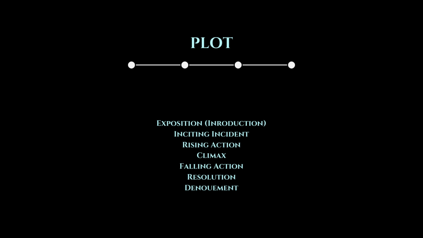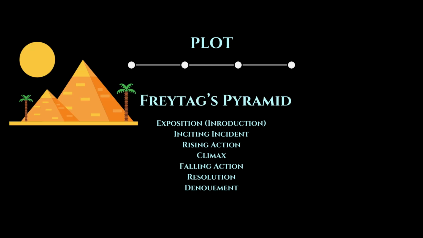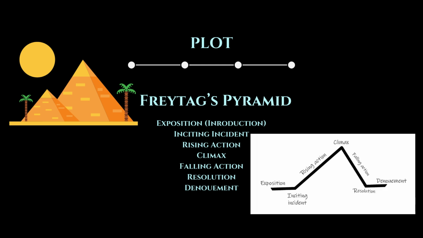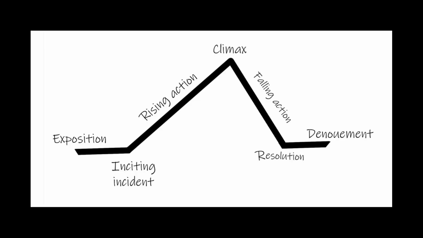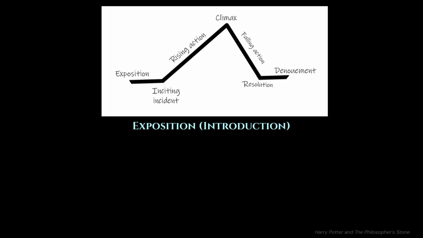For those who love difficult words and names, those steps are called a Freytag's pyramid. It's not this kind of pyramid, but this one. Exposition, inciting incident, rising action, climax, falling action, resolution and denouement. A beautiful French word for a final. Now let's go through each step and look what each part is doing in our story.